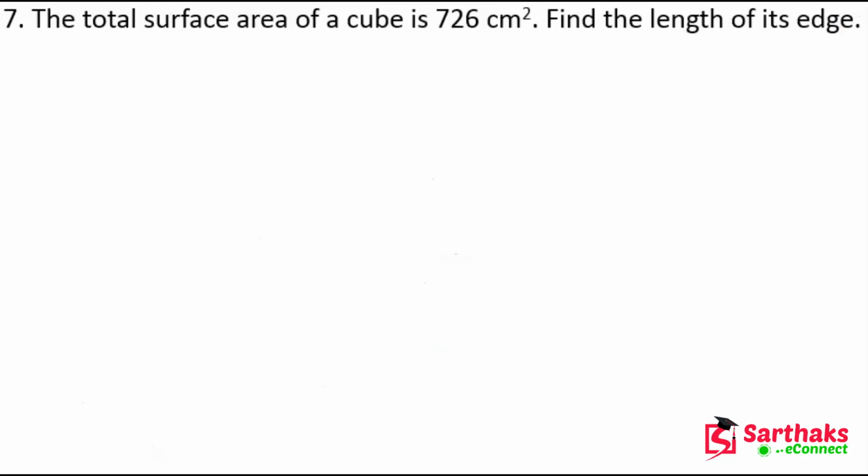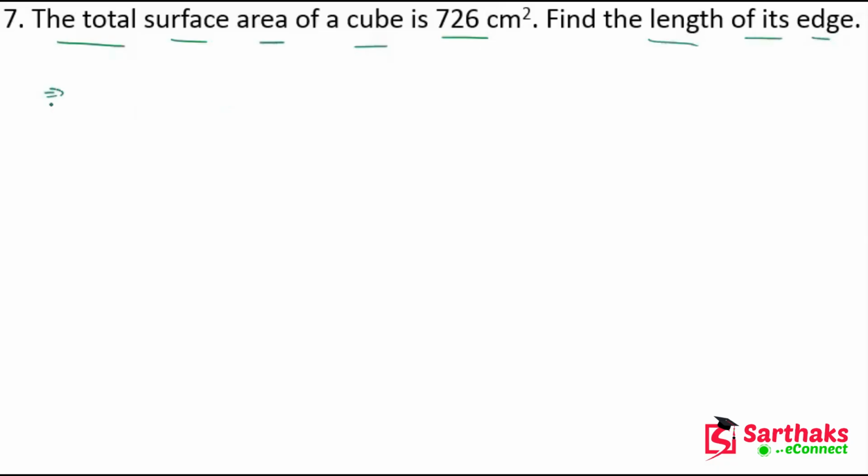Yes, so now my dear friends, the next question is: the total surface area of a cube is 726 centimeter square. Now we have to find its edge. We have to find the edge of the cube. This is a very easy question, my dear friends.